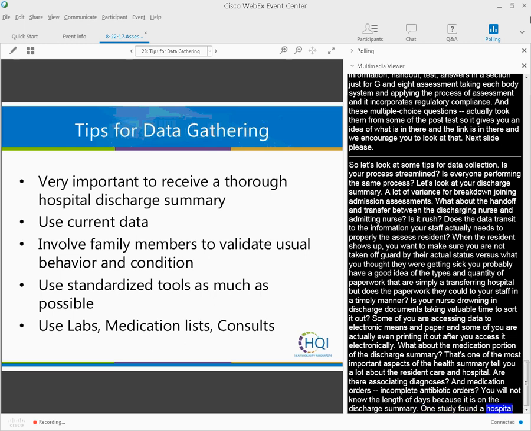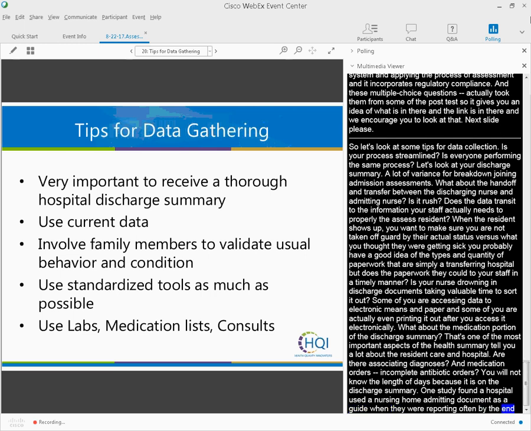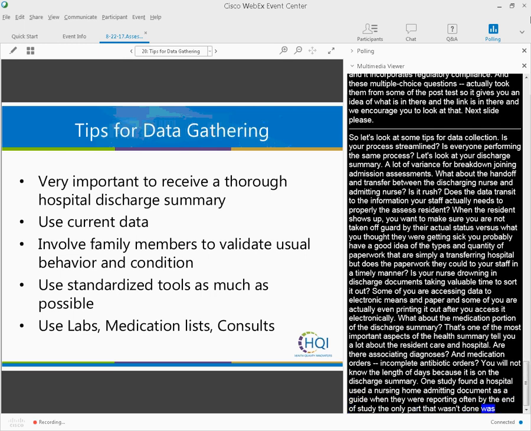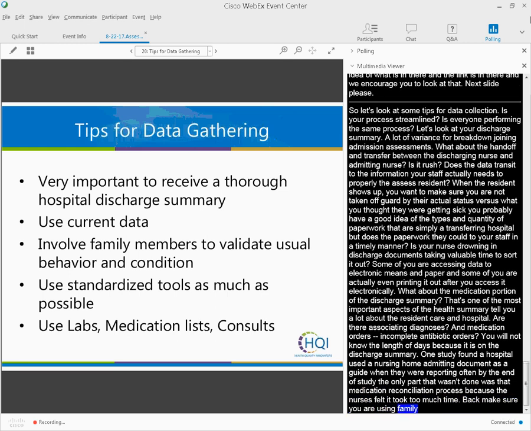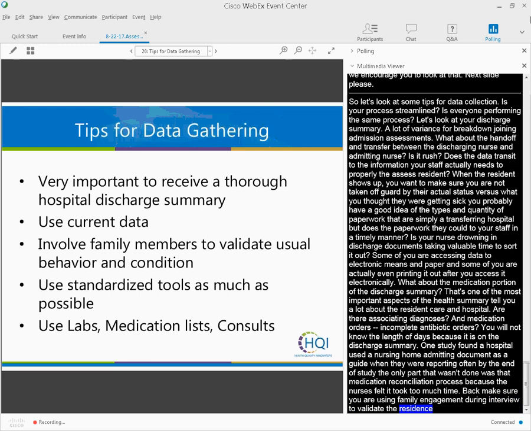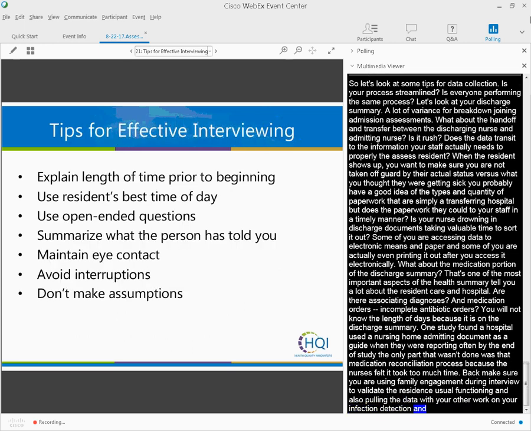And by the end of the study, the only part that wasn't done was the medication reconciliation process because the nurses just felt that it took too much time. Make sure that you're using family engagement during the interview to validate the resident's usual functioning. And as well, don't forget to pull in the data from all your other initiatives and your other work on infection prevention, antibiotic stewardship, and antipsychotic reduction. Next slide, please.